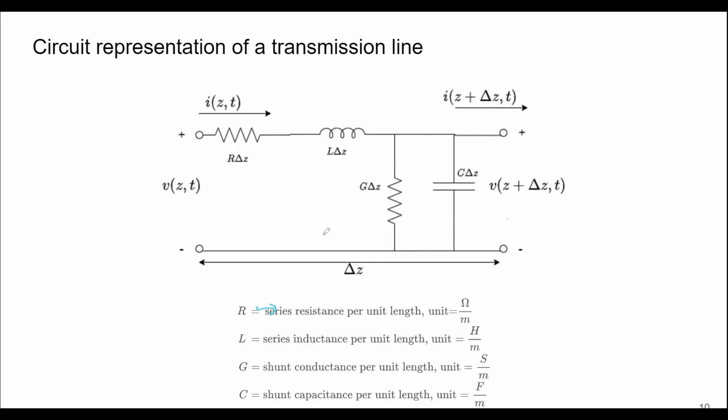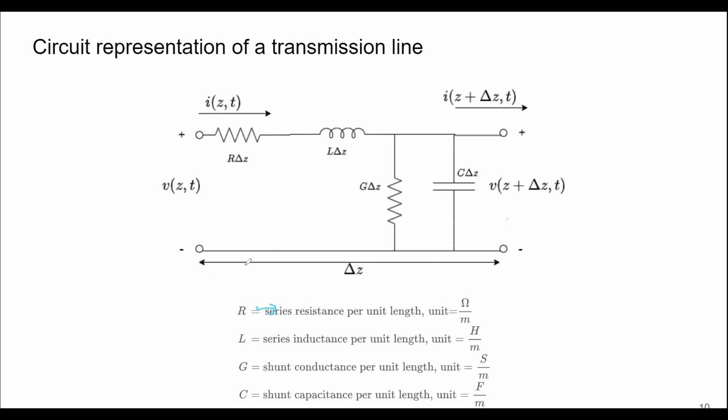That means we need to consider at what position we are considering the voltage and denote the voltage according to the position in the conductor. So the voltage at Z might not be equal to the voltage at Z plus delta Z. The current is also similar. The current can vary at the position Z and at the position Z plus delta Z.